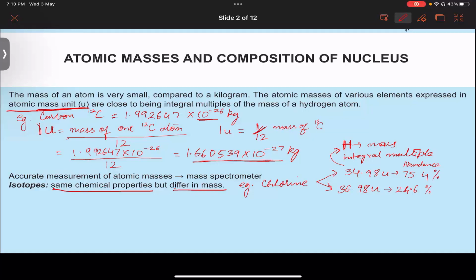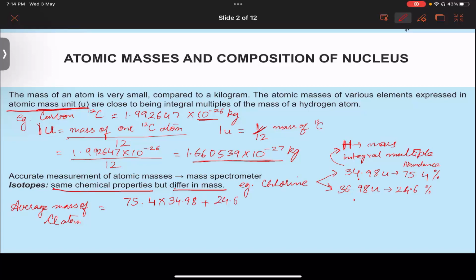Since we have two isotopes of chlorine with two different masses, we will now find the average mass of the Cl atom. How do you find that? We multiply the masses with the corresponding abundance, and then we add both of them.